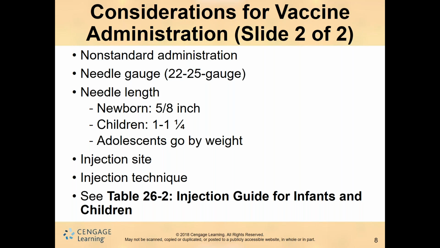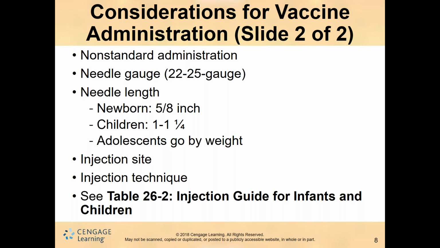The needle gauge is 22 to 25, and the length for newborns is 5/8 of an inch, and for children it's 1 to 1 1/4 inches, and in adolescents you go by weight. And then there's different injection sites, and you would need to talk to your provider about what injection sites you're going to use.